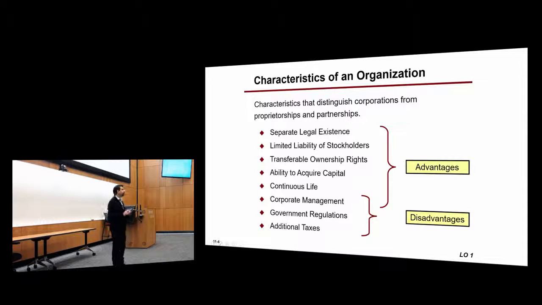On the other hand, with corporations, the owners, who are the shareholders and stockholders, have liability limited to their investment in the company. So the worst thing that can happen is that they lose their investment. However, the banks, the creditors, will not come after their personal assets.